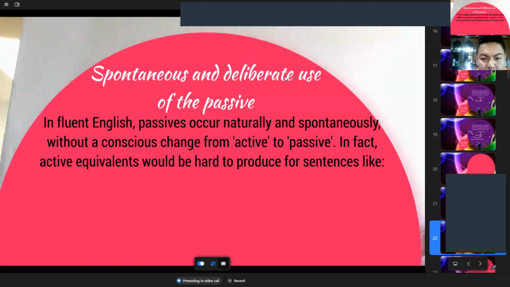Spontaneous and deliberate use of the passive. In English, passives occur naturally and spontaneously, without the speaker being conscious of the change from active to passive.